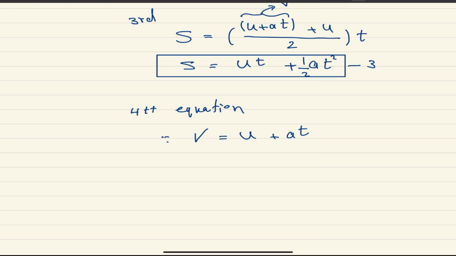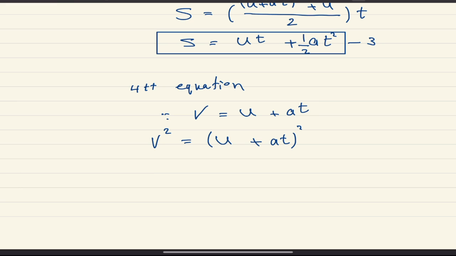So when it comes to this part, mathematically, I have no doubt I can say that v square equals u plus at all square. And when it comes to calculus, we could say that v square equals u square plus 2uat plus a square t square.